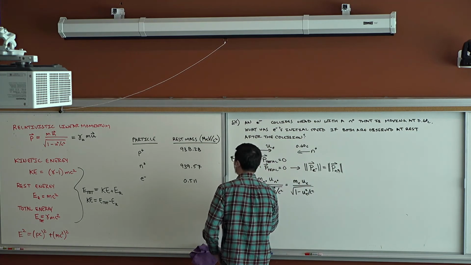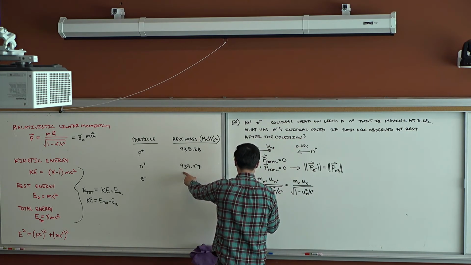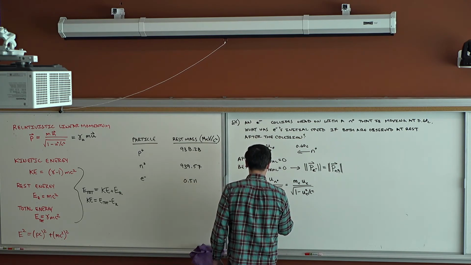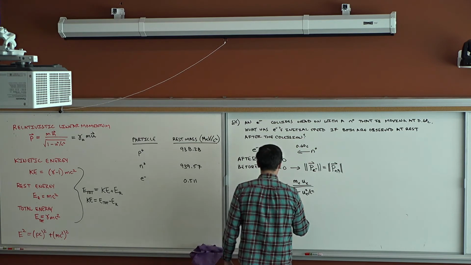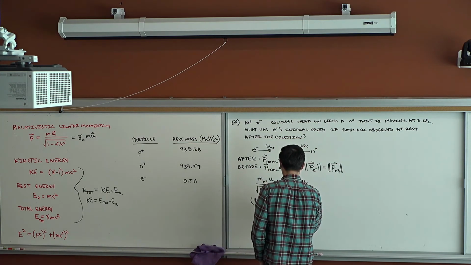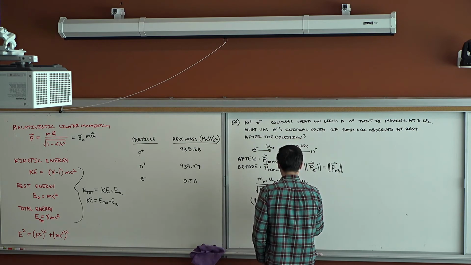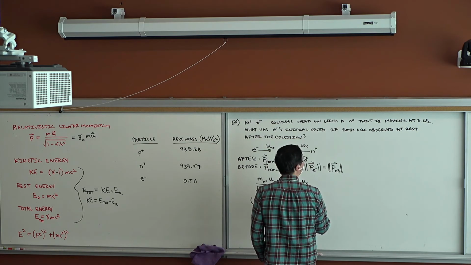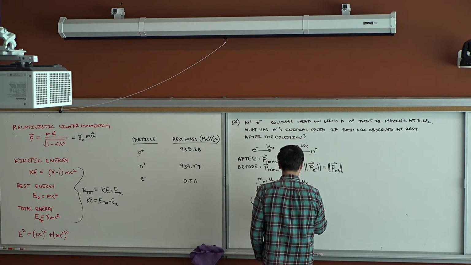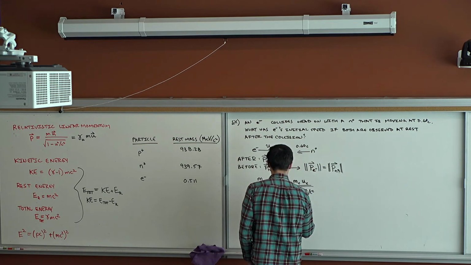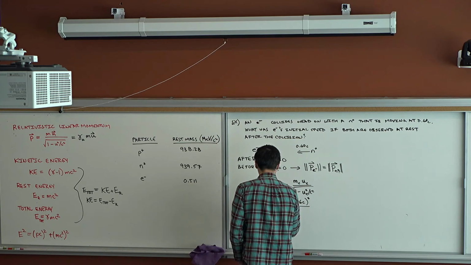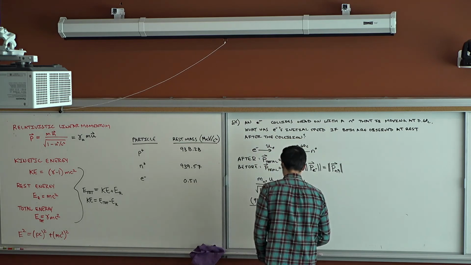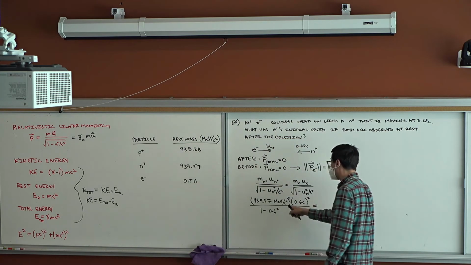So let's take 939.57 MeV per c squared, quantity squared, times 0.6 c quantity squared, over 1 minus 0.6 squared. That's the neutron, yeah?